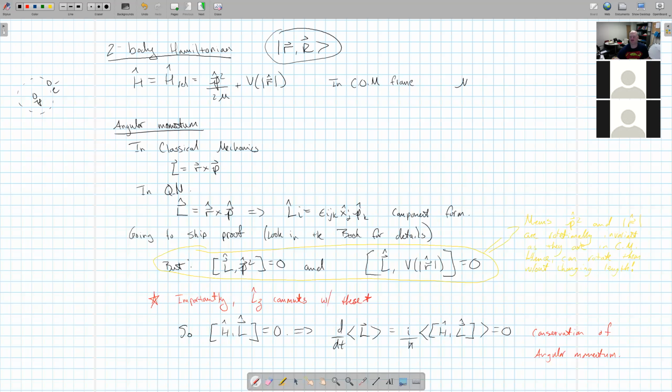So again, mu here is the reduced mass, so that's m1 m2 divided by m1 plus m2, plus then the binding potential energy, which only depends on the relative position between the two. And here we're working specifically in the center of mass frame, which means that the center of mass momentum is equal to 0. So in that case, the Hamiltonian of the center of mass is also equal to 0. So the total Hamiltonian then is just the relative Hamiltonian.